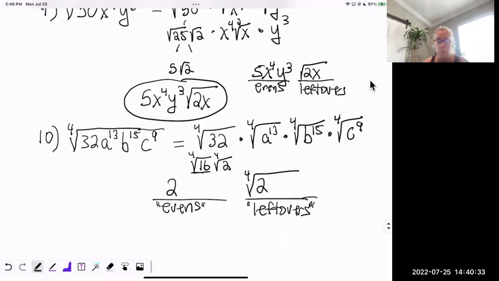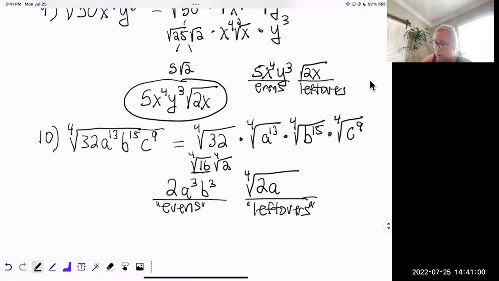Now I'm not going to write this part down the way I did before. How many 4s are in 13? Well, that would be 3. How many left over? 1. Because 4 times 3 is 12, 1 is 13. How many 4s are in 15? That would be 3.